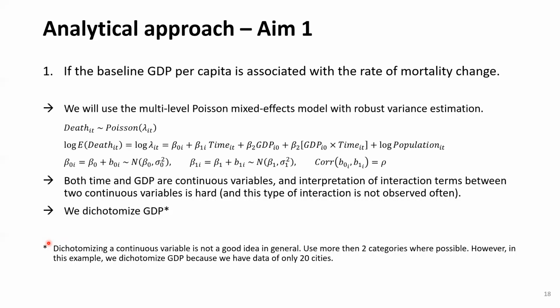Better to use more than two categories, three categories or more. But here we are going to use only two categories because we have only 20 cities in this data set. And to divide 20 cities into three groups doesn't make sense. So here we are going to separate 20 cities into two groups by a GDP threshold cutoff point.